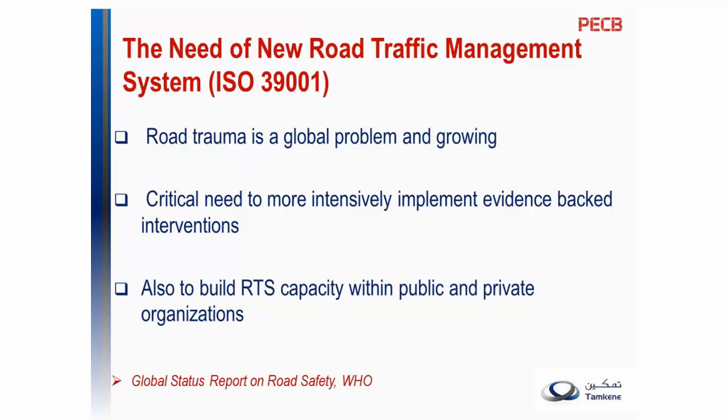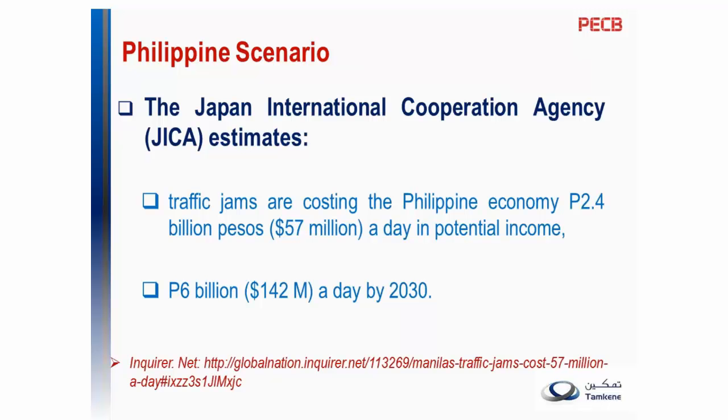nowadays. Just to cite some of the implications of road traffic issues, such as traffic jams: JICA, the Japan International Cooperation Agency, conducted research just recently, and they said that related to traffic jams in the Philippines, it costs about 57 million in potential income daily, because people are being trapped in suburban or urban areas.